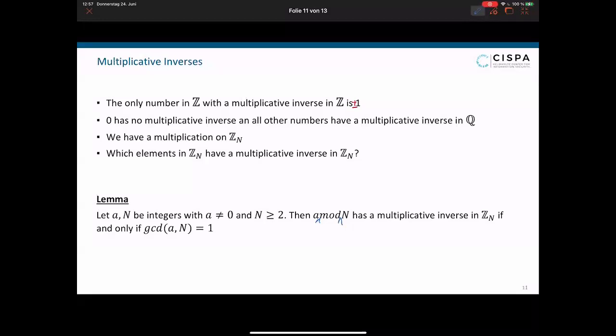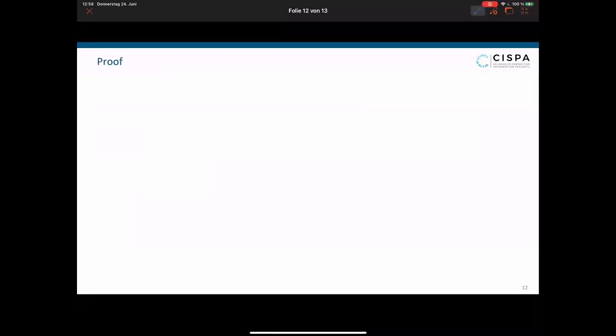How are we going to prove this? Which direction do we do first? Let's say GCD of a comma n equals 1, the important direction.